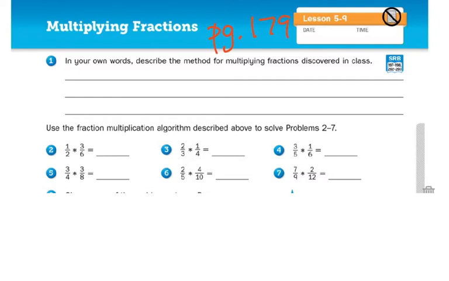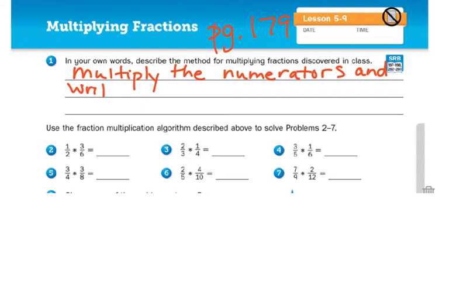So, to multiply 2 fractions, you're going to multiply the numerators and write it on the top. Then you're going to multiply. We've been drawing pictures, but when we look at the answer, we're just multiplying the numerators and denominators.